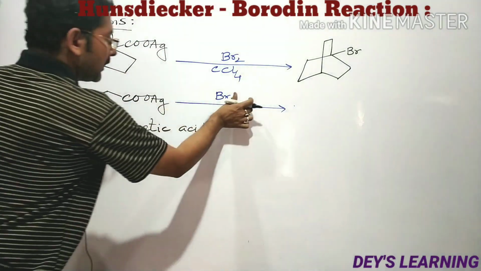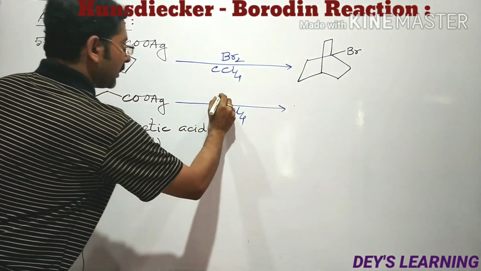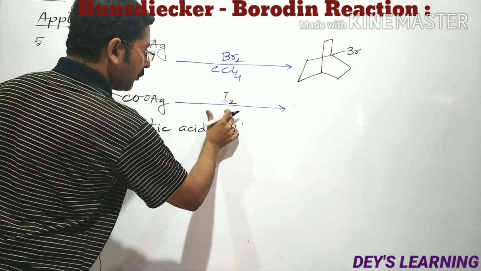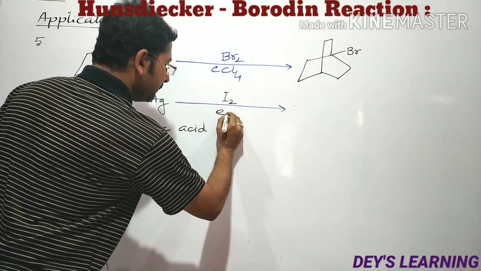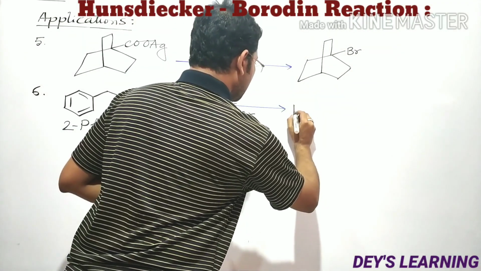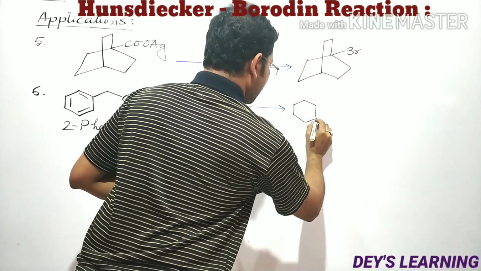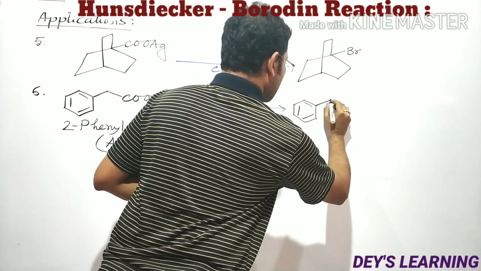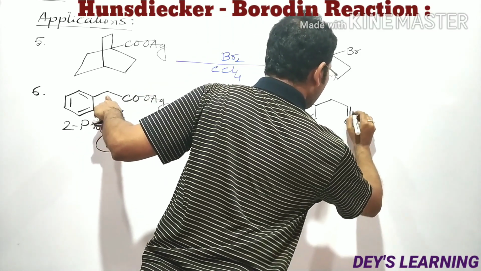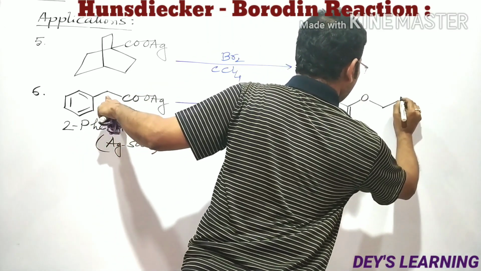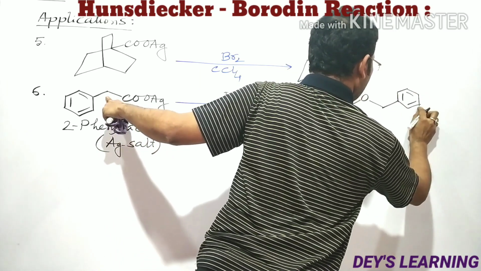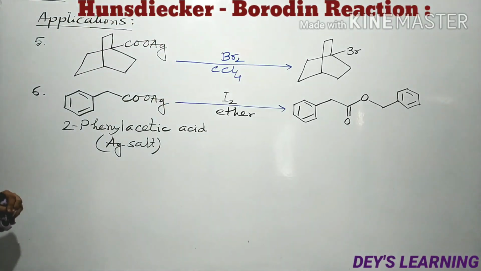Now, if we treat this product by iodine in say CCl4 maybe ether medium, you will get an ester like CH2, then CO, then O, then CH2, then benzene. This one, isn't it? This is your product.